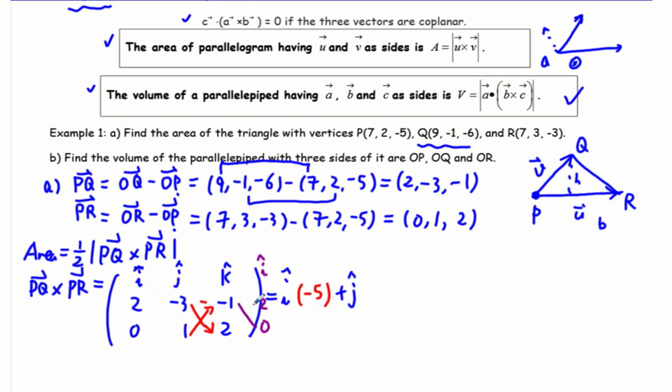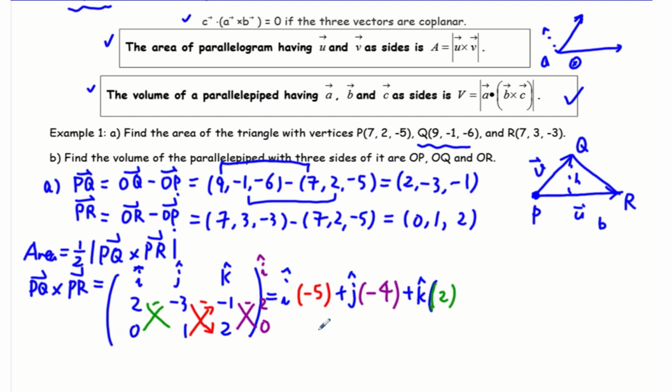This one will be cross times: -1 times 0 is 0, minus 2 times 2 is -4. Then plus K direction. For K, we get rid of K and have these 2 times: 2 times 1 minus 0 times -3 gives us just 2.